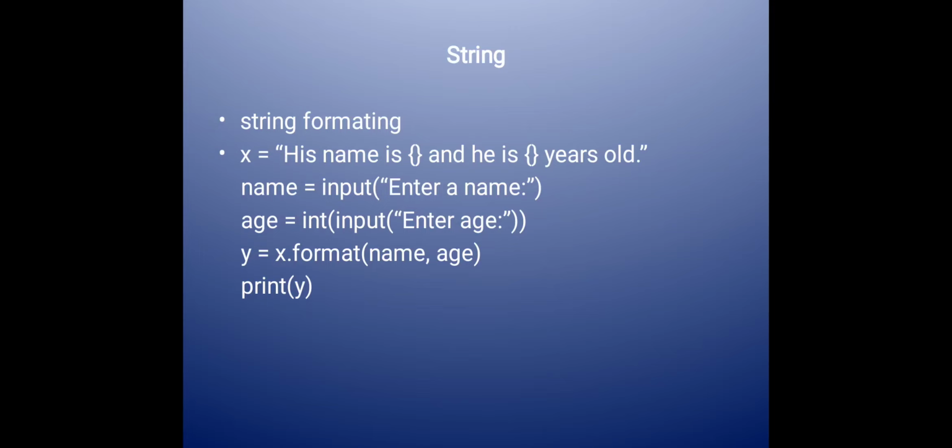That means the user can enter a name according to their choice, and age is equal to int of input of enter age. Then y is equal to x dot format name comma age. Print y. Then the output will look like the value in the variable called name goes to the first placeholder, and the value in the variable age goes to the second placeholder.